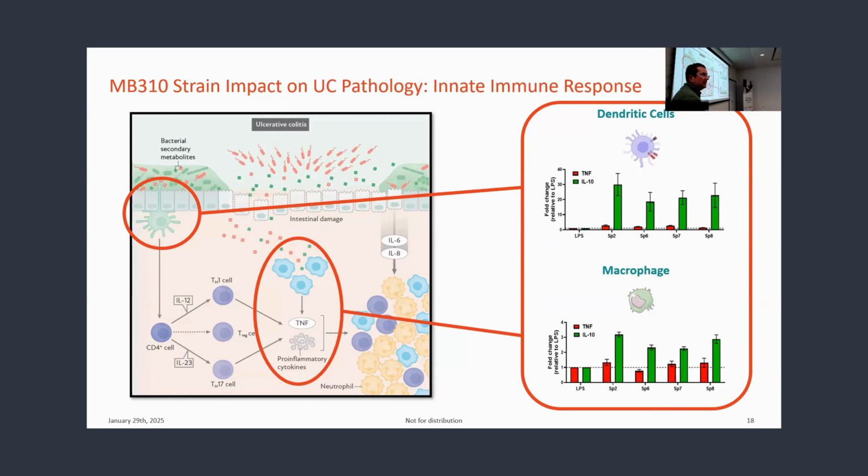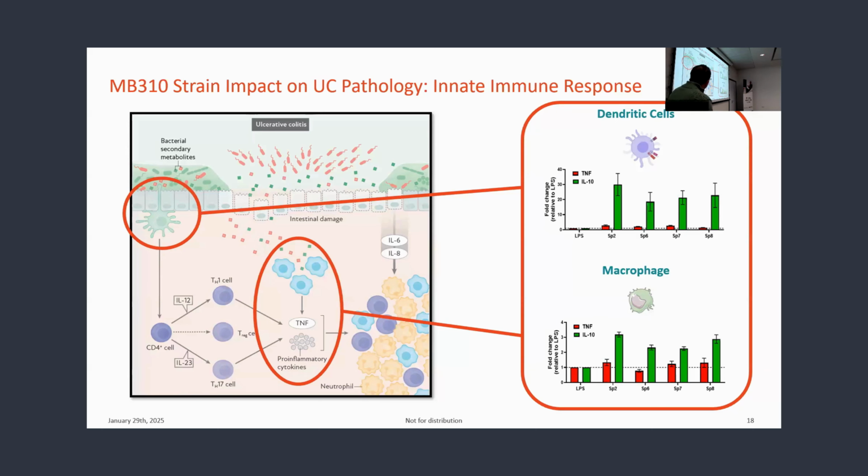We used human monocyte-derived DCs and macrophages. To isolate monocytes from human blood, with certain growth factors, you differentiate them into either dendritic cells or macrophages. And we looked at the production of 2 cytokines, TNF as an inflammatory cytokine, and IL-10 as a more tolerogenic cytokine.